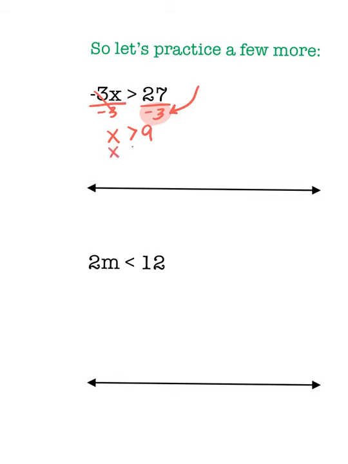So it's going to be x is less than 9. So that's the only thing you need to do when you're multiplying or dividing by a negative. And again, we can just put 9 here, and we have a circle at 9, and it is less than 9, so it's going to the left.